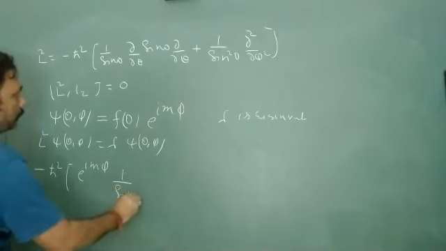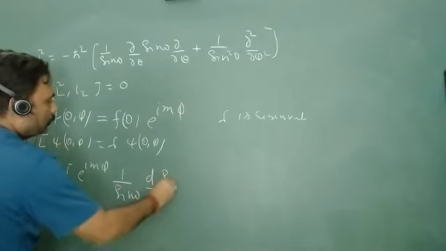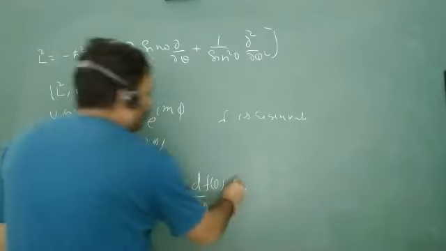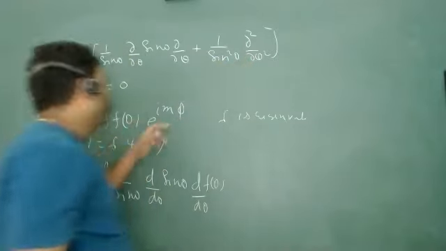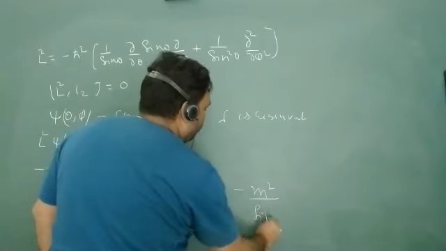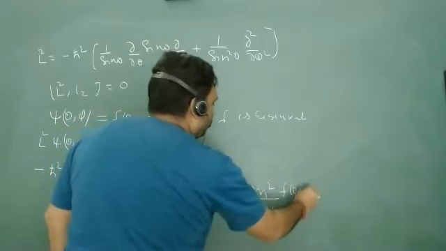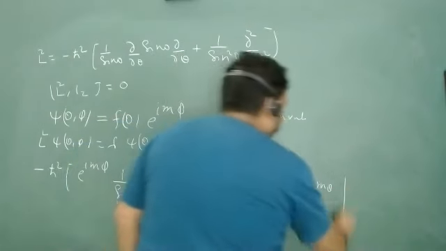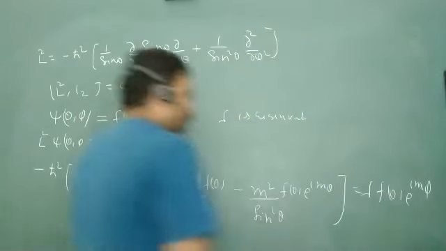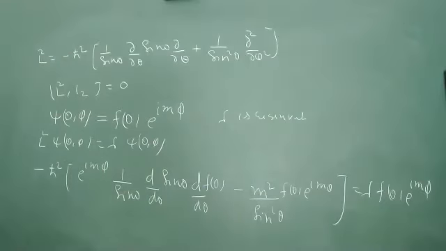So this is 1 upon sin θ d/dθ (sin θ d/dθ) f(θ), and here d²/dφ² will operate on this, so this will be minus m square upon sin square θ f(θ) e to the power imφ, which must be equal to λ f(θ) e to the power imφ. So we will just equate the coefficient of e to the power imφ on both sides.